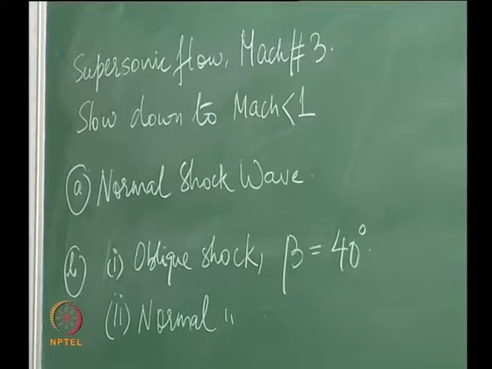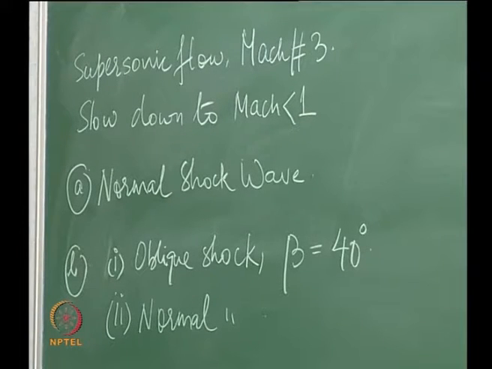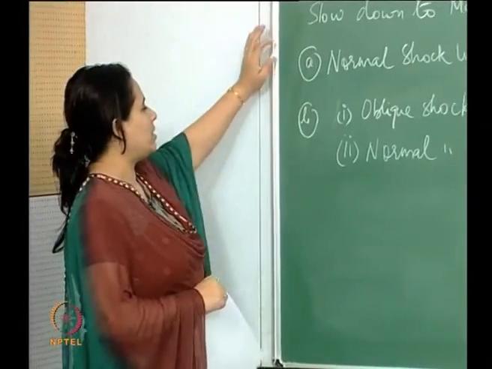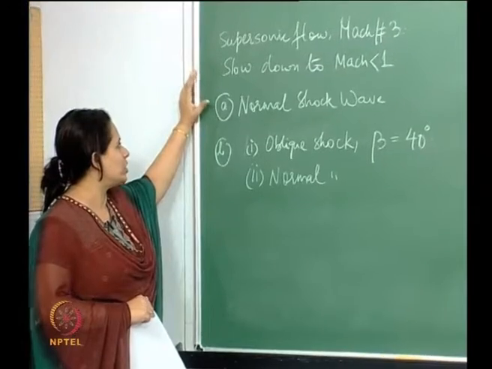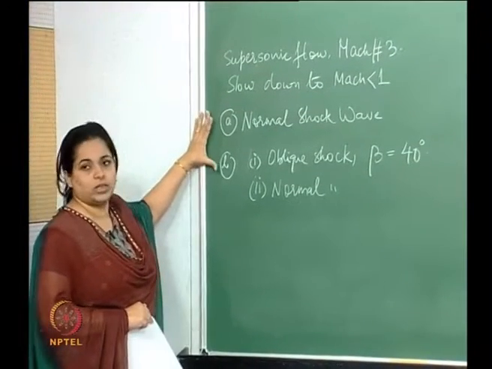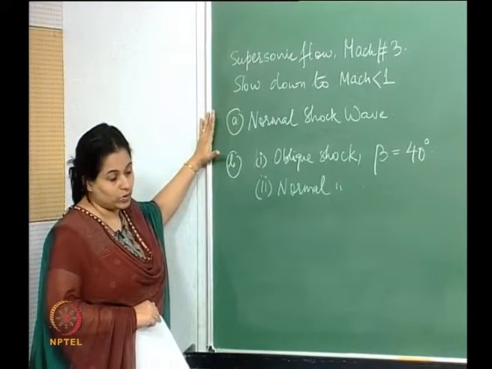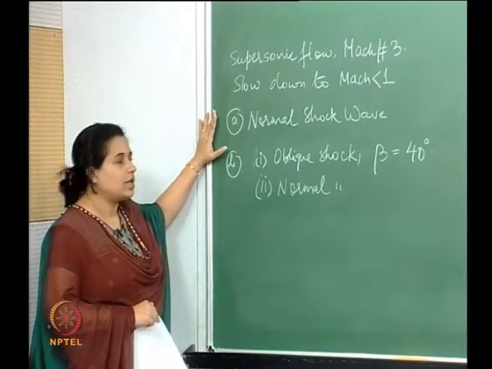Okay. So we will see whether these will be different. And if these are different at all, which one should I choose? Should I choose this or this? And of course, why?